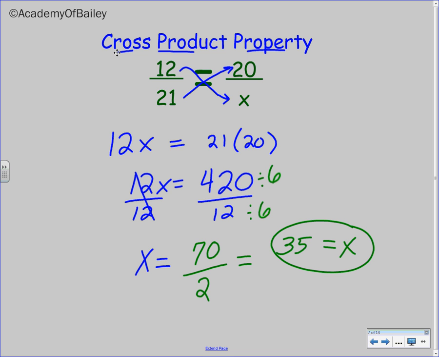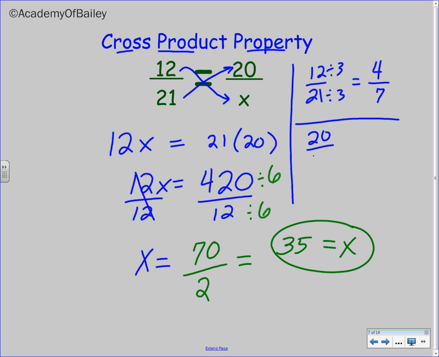How can you check your work to make sure you're correct? Well, 12 over 21, you divide both the top and the bottom by 3, so that should give you 4 over 7. And now we have 20 over, since x was 35, we plug 35 in there and divide the top by 5 and the bottom by 5, and that should give us 4 over 7.